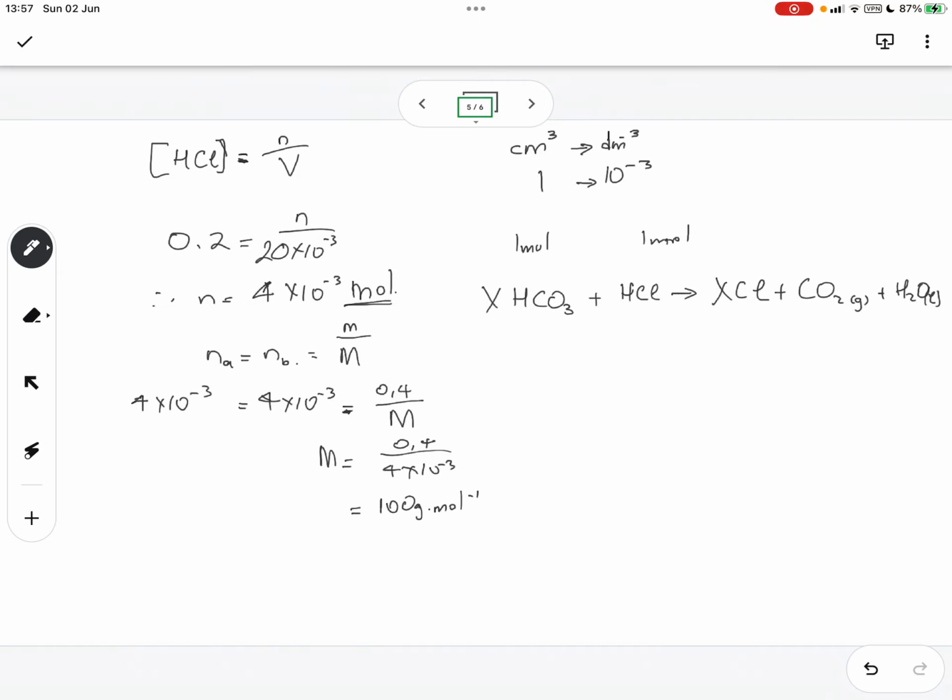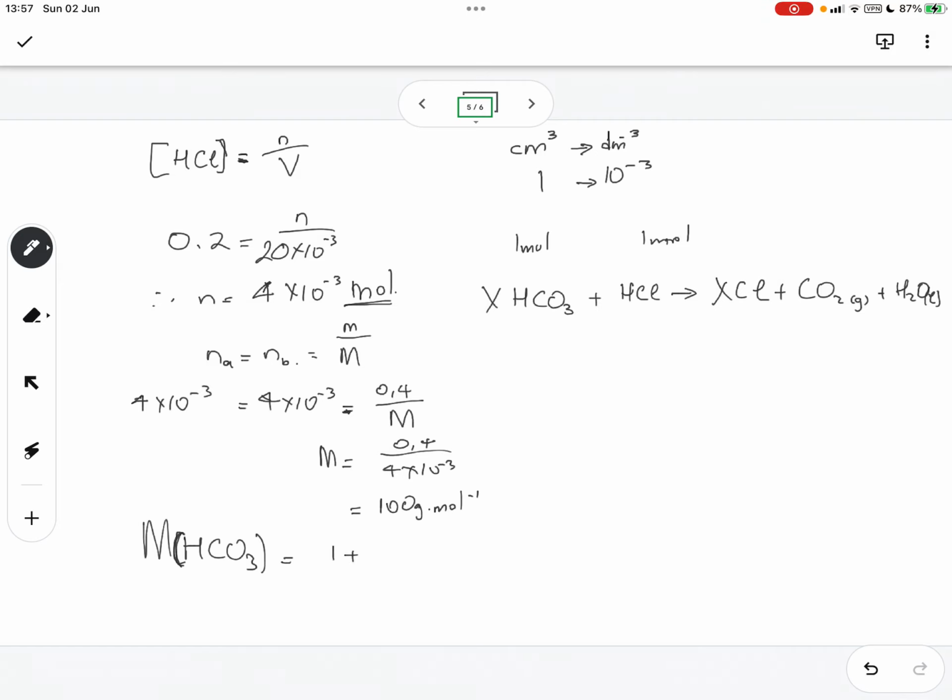Now we're going to take this molar mass of X. So we must now find the molar mass of HCO3. What does that equal?